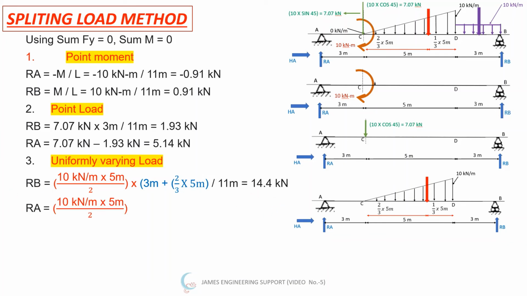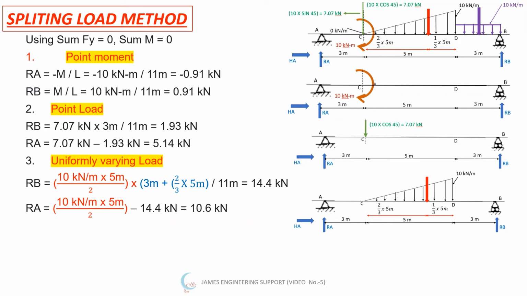Then RA will be equal to 10 kilonewton per meter multiplied by 5 divided by 2. Then we will deduct the value of RB, that is 14.4 kilonewton, and after solving this equation we will get the answer as 10.6 kilonewton.